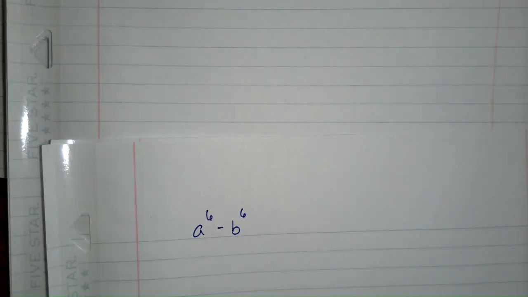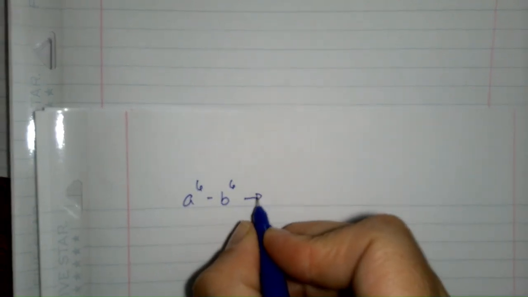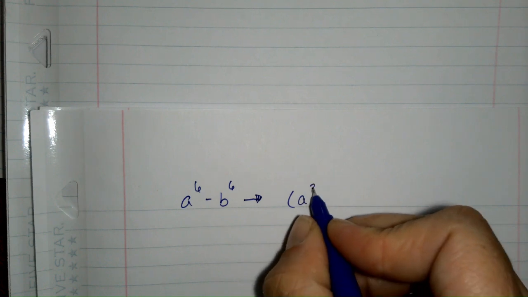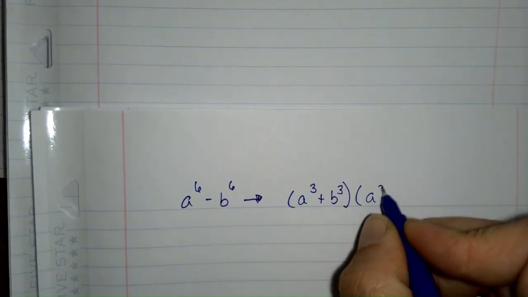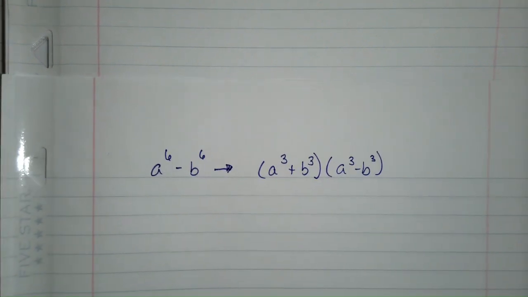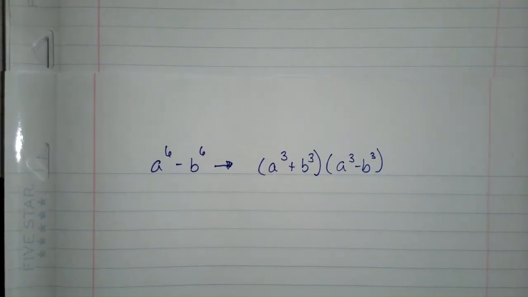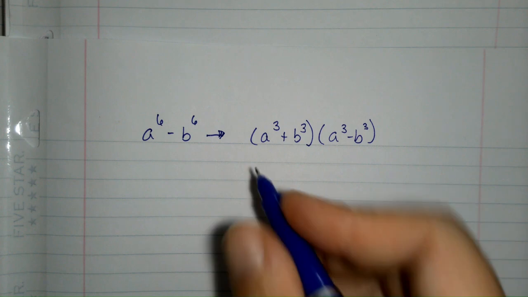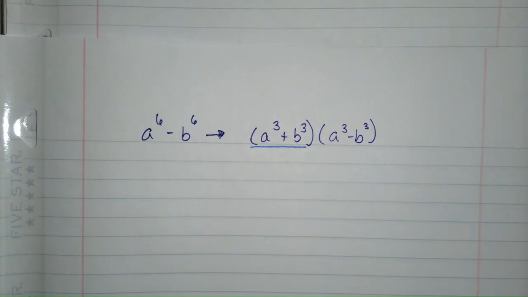Okay, so we will make this a cubed plus b cubed, a cubed minus b cubed. And now you might notice that, hey, that's that rule that we had with the plus power and the minus power. So I'm going to factor this using the a cubed plus b cubed pattern.